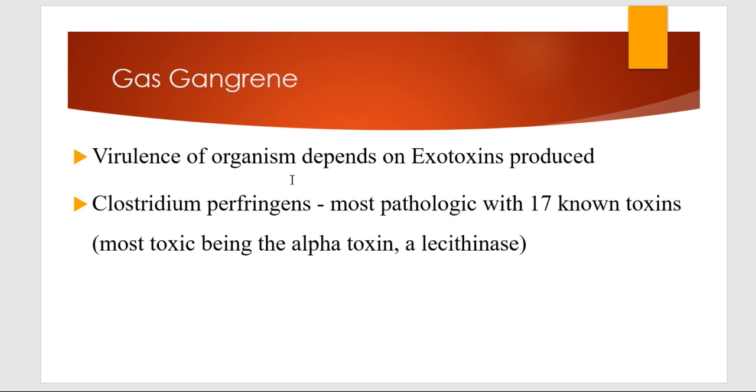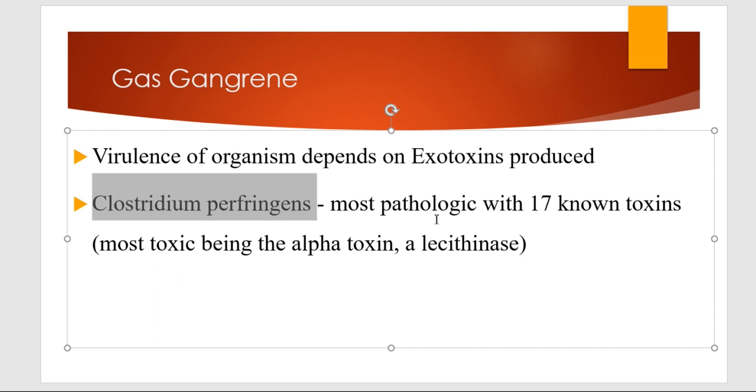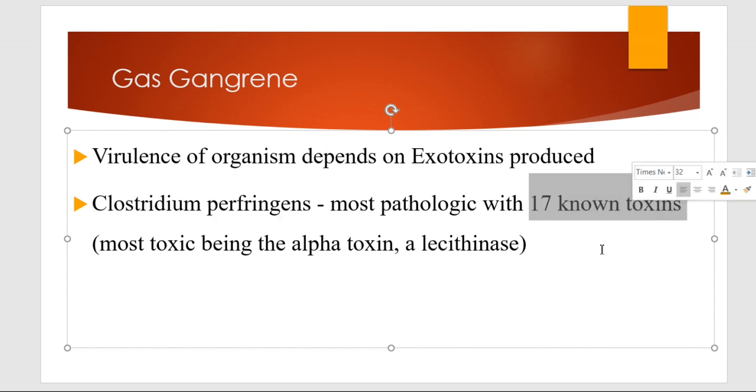As far as the virulence of the organism is concerned, it depends on the various exotoxins produced. Clostridium perfringens, remember this bacteria, is the most pathologic organism in gas gangrene with 17 known toxins.